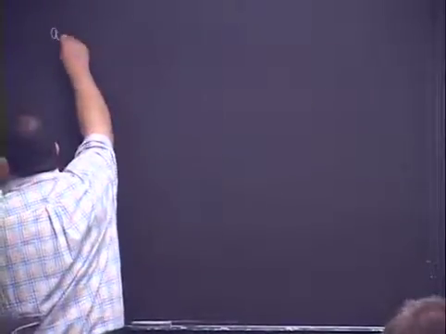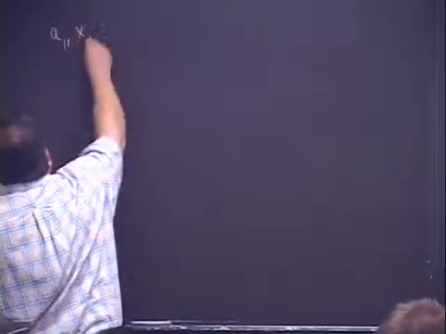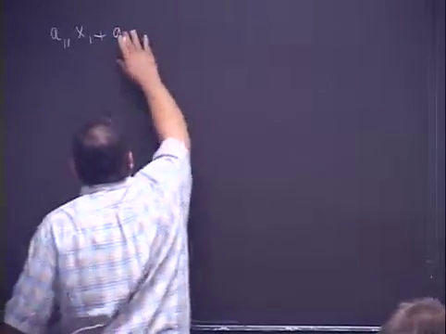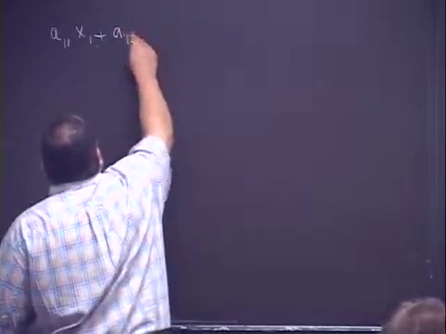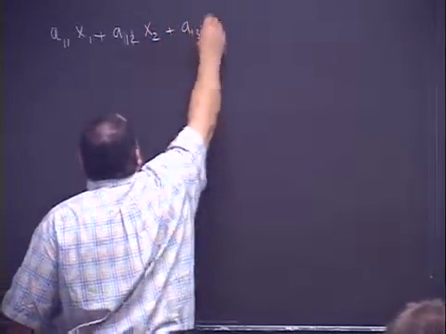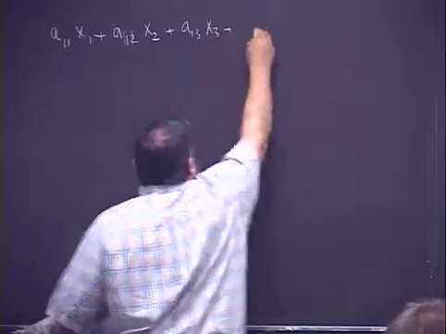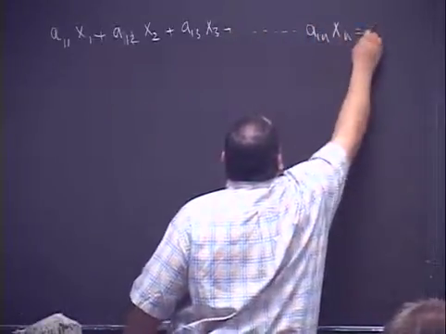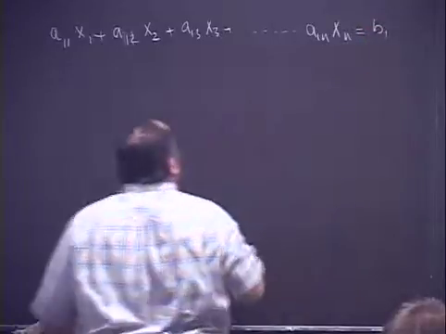So let's proceed and look for the solution for a system of algebraic equations of the form a11 x1 plus a12 x2 plus a13 x3 up to a1n xn, and this is equal to b1.